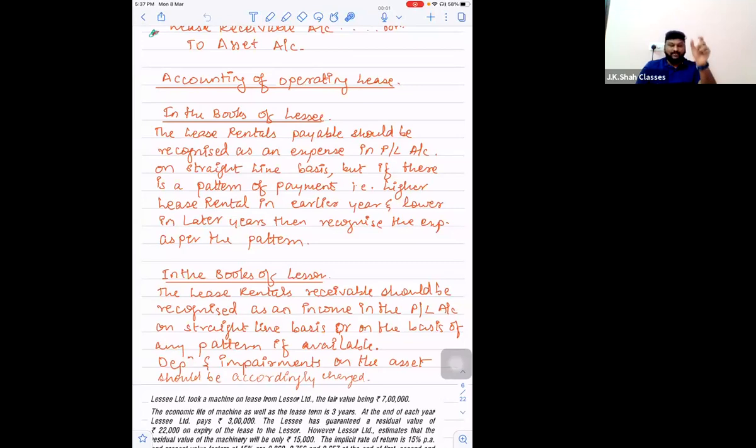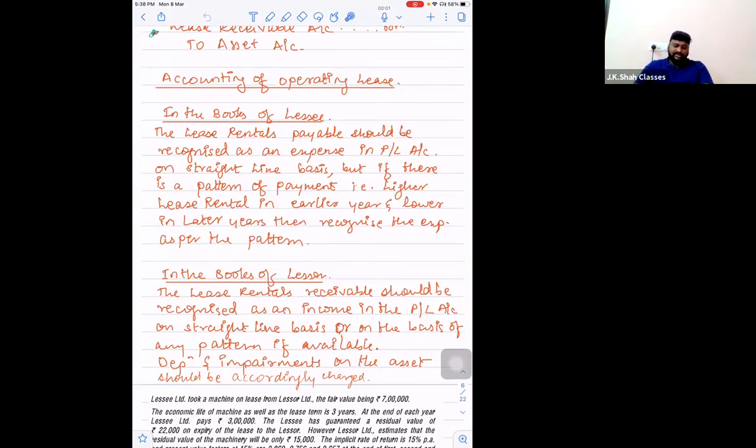Right? We don't show principal and lease rent. No, we show principal adjustments and we show the interest factor. So basically, the lease rental that is paid every year is not recorded as a lease rental. It is first adjusted against the principal amount shown in the balance sheet, and second, the balance part is shown as a finance charge or a finance income, as the case may be.